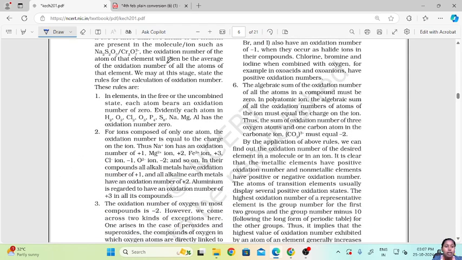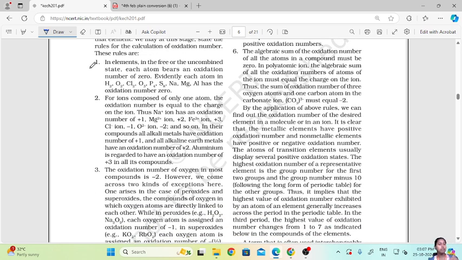We may at this stage state the rules for calculation of the oxidation number. So let us see the rules put forth for calculating the oxidation number. The first rule: in elements in the free or uncombined state, each atom bears the oxidation number of 0.